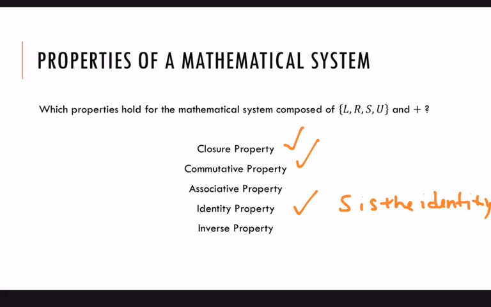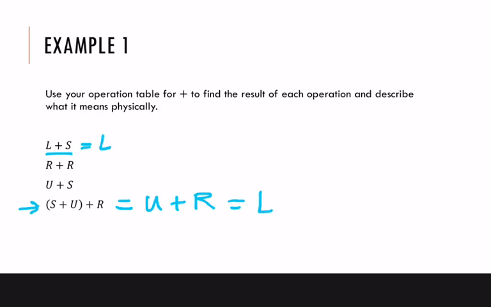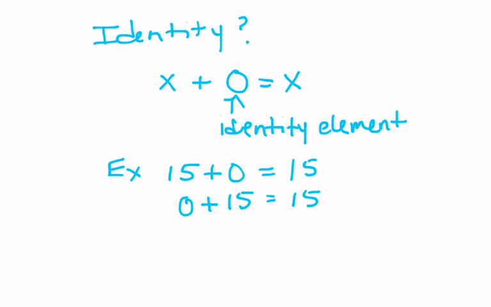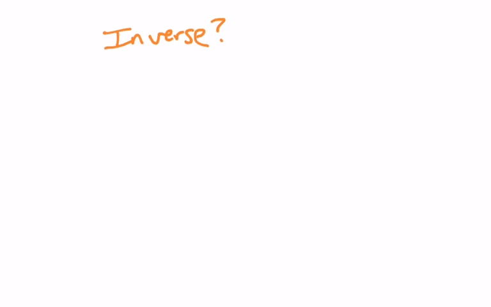Okay, and we have two more to check, inverse and associative. So let's do inverse next. This one fits nicely with identity. So think about what this means for real numbers when we talked about addition, and let's say we talk about the inverse of 5.